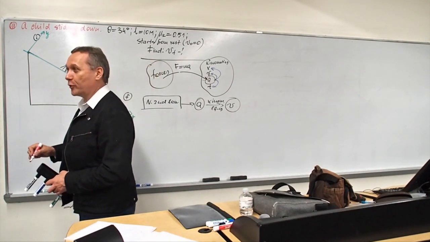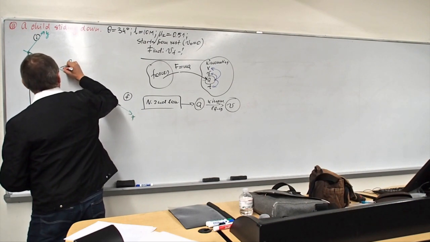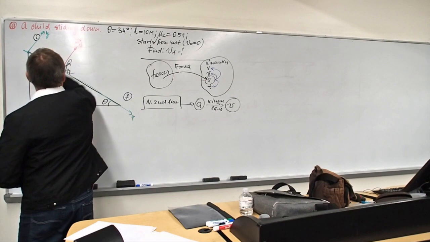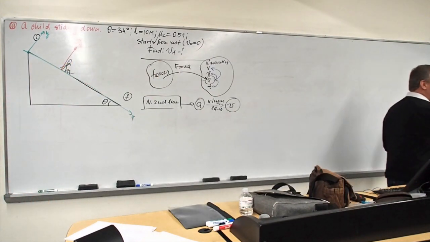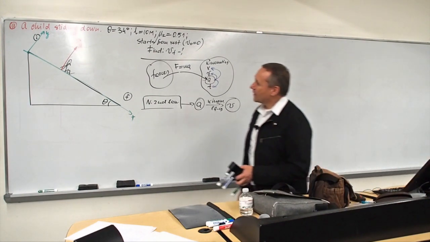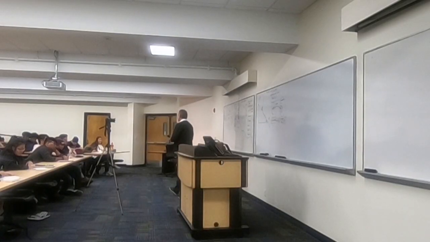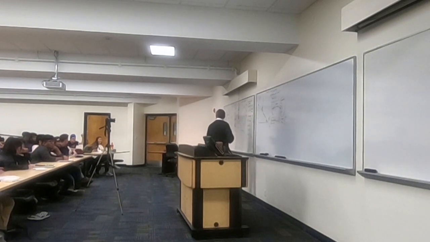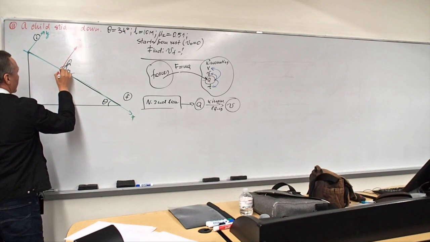Normal force, perpendicular to the surface. Okay, let me step away. I don't want to ruin this picture of the child. I don't want to stick the normal force through the child. Then, okay, friction force. Direction of the friction force is up the incline, because the velocity is down the incline.